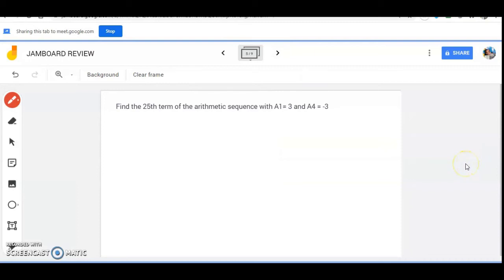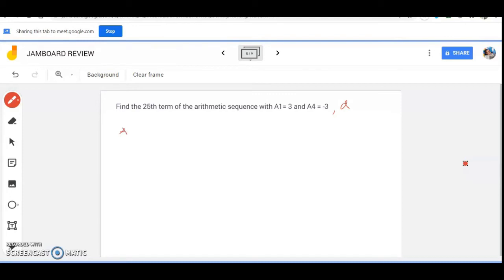Okay, what about this one? Find the 25th term of the arithmetic sequence with the first term 3 and the fourth term negative 3. We can easily find it, but we have to find first the value of the common difference. Okay, very good. So let's find the value of the common difference.